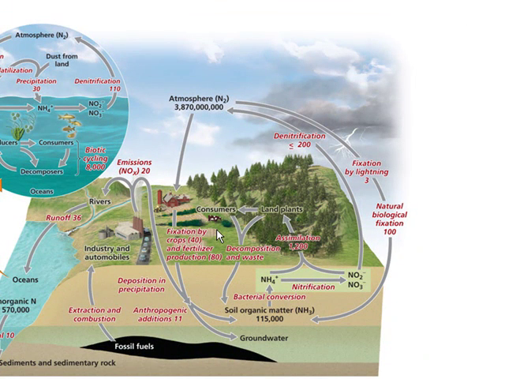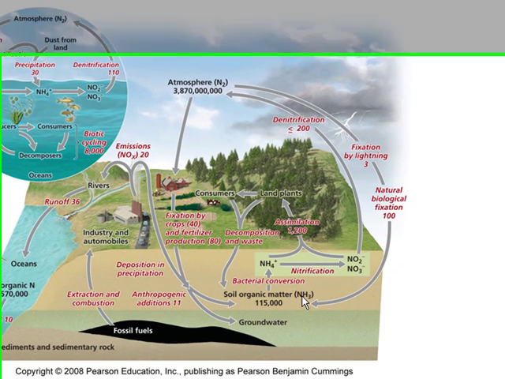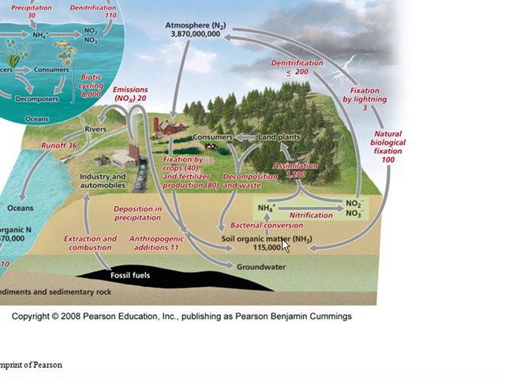This fixation process is called nitrogen fixation, okay? It's when you take nitrogen, that N2 form, right, and you make it into a form that is available to organisms, this ammonium form, okay?